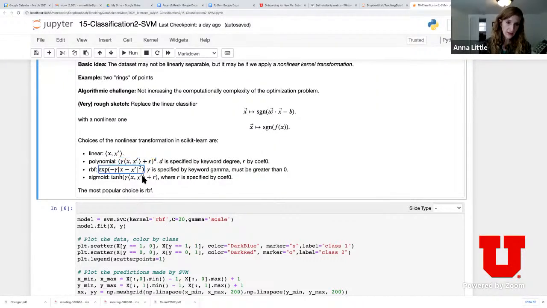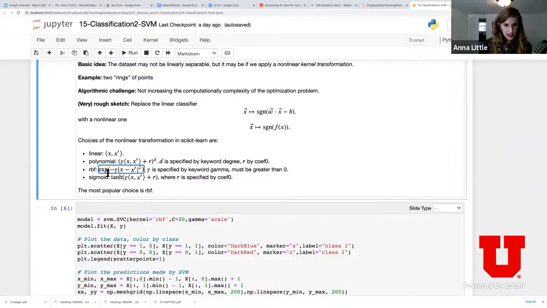And then this one is very popular. This is called the RBF kernel, which stands for radial basis functions. This is kind of like a Gaussian kernel, if you've seen that before, maybe in some of your other classes.